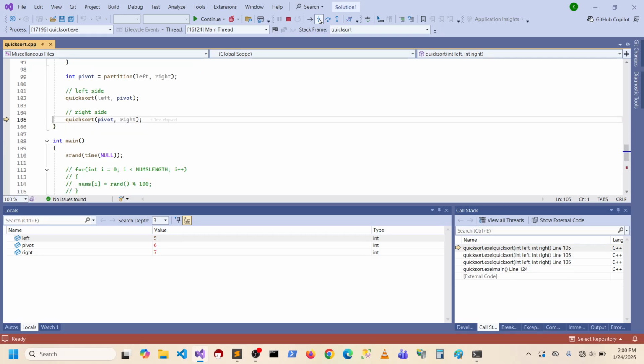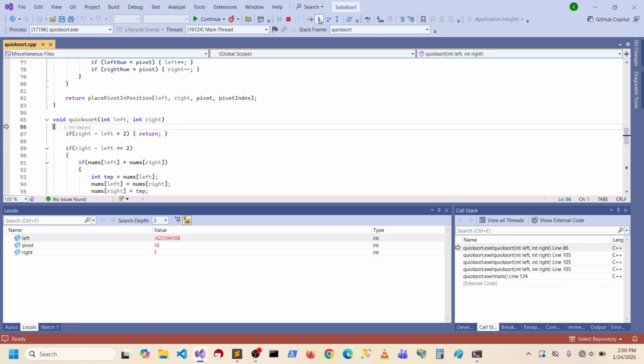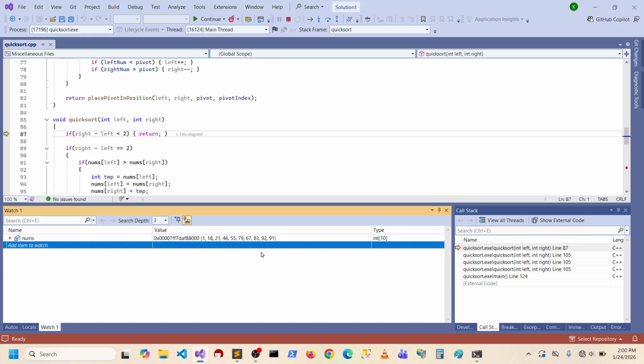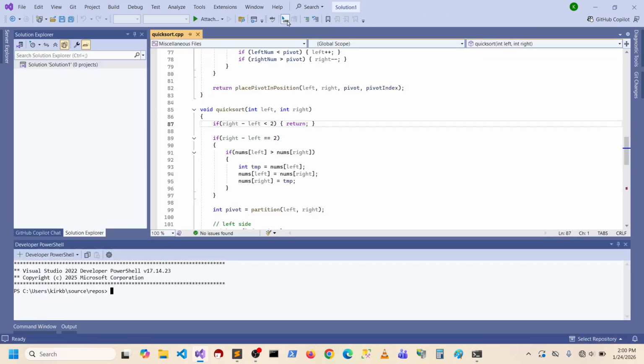Turn. So 6 and 7. 6 and 7 here. See, it looks like it swapped. Wasn't 79 already over here? Dang it. Gotta go back and do it again.